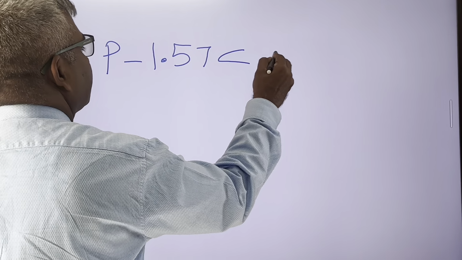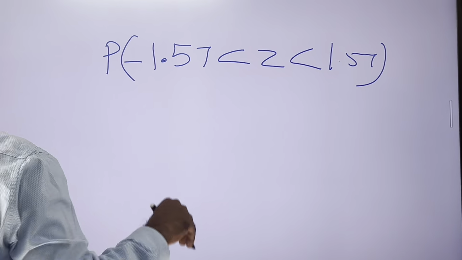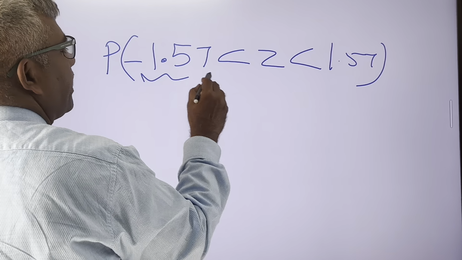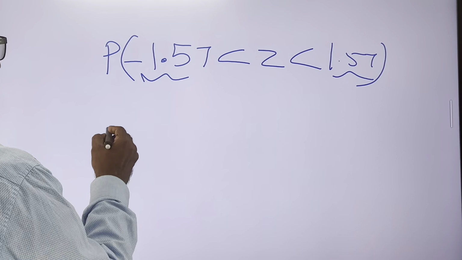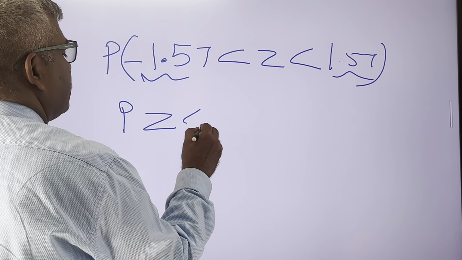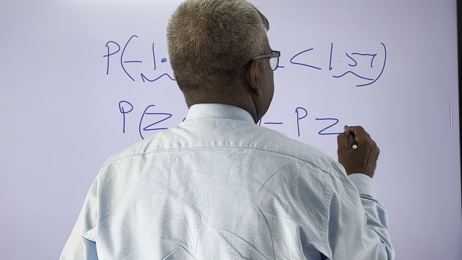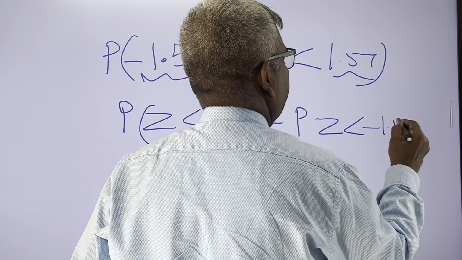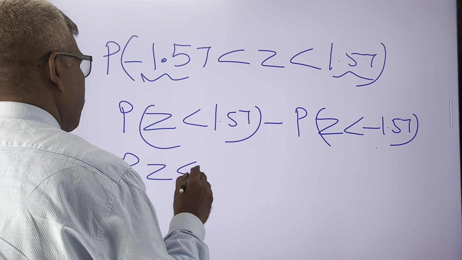H is, what is interesting? Z less than minus 1.57, Z greater than 1.57. Okay, what does it mean? Both are the same values, but only the sign is changing. We can do this: probability of Z is less than 1.57 minus probability of Z is less than minus 1.57. Minus 1.57, how can you do it?